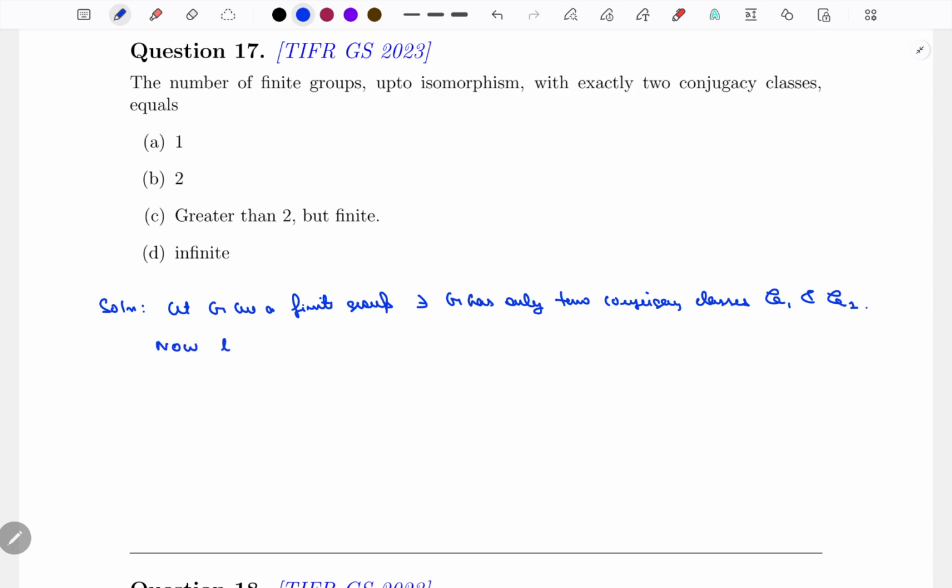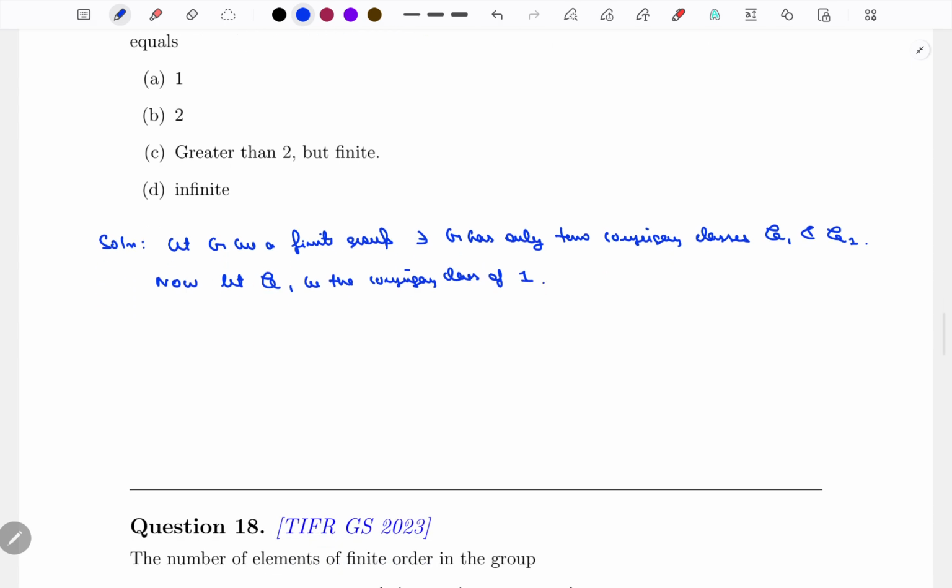Now, obviously, let C1 be the conjugacy class of, let's say, the identity. Then obviously the order of C1 would be just 1.